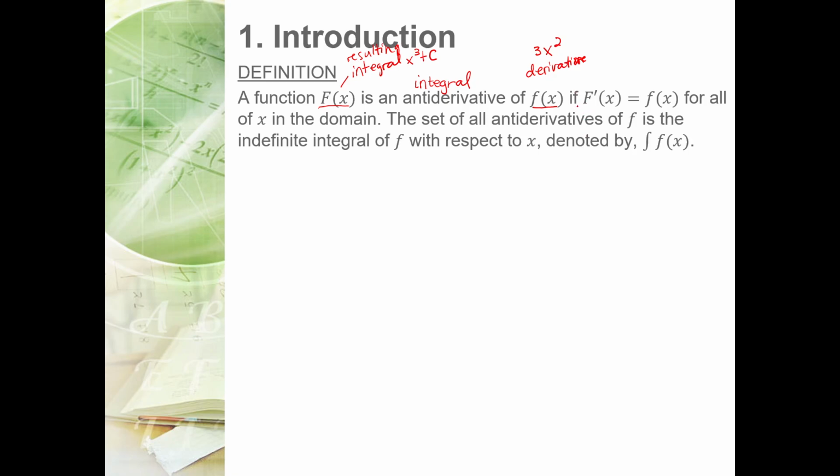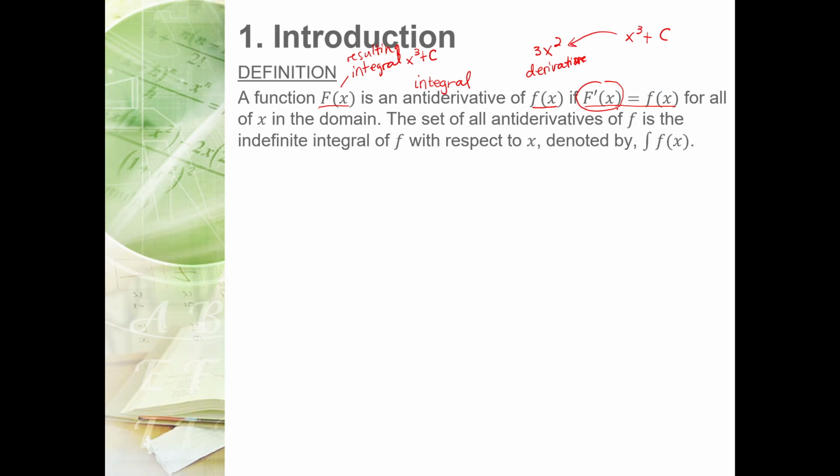So the next statement: if F prime of x is equal to f of x for all x in the domain. What do you mean by this statement? It means that if we derive the resulting integral, the big F of x, because it's prime, for example we derive x cubed plus c, the resulting answer is 3x squared.